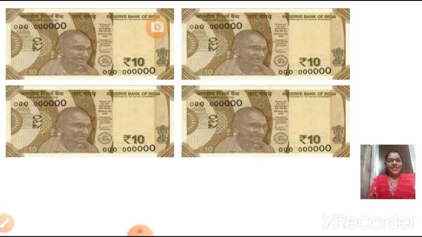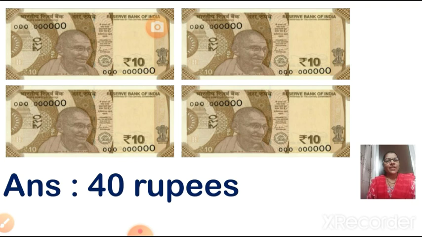Yes, 10 rupee note. And how many notes can you see here? 4 notes. Very good. So what will you do now? You have to add 10 four times, or you can do multiplication, that is 10 into 4. It means we have altogether 40 rupees. How many rupees do we have altogether? 40 rupees. Very good.